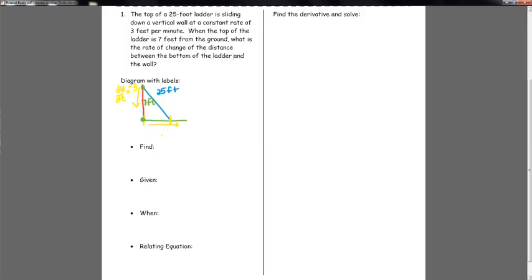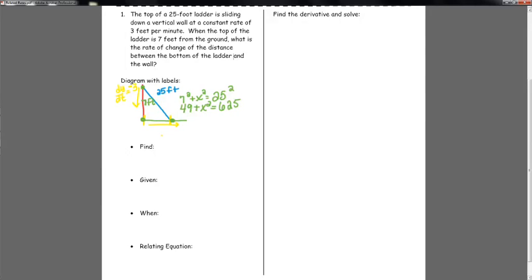Well, if I use my Pythagorean theorem, I can solve for, at this particular moment in time, how far the base of the ladder is from the wall. So I can do 7 squared plus x squared is equal to 25 squared. So this is 49 plus x squared is equal to 625.